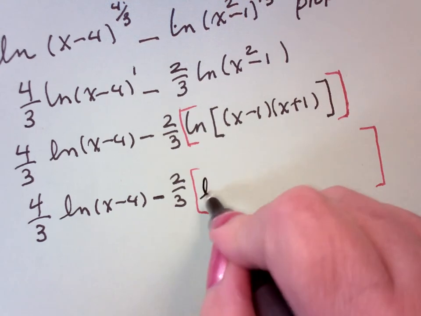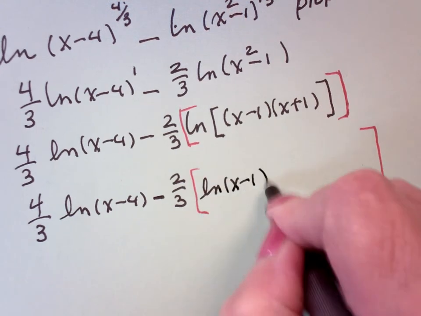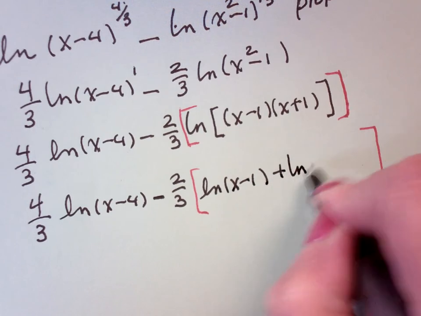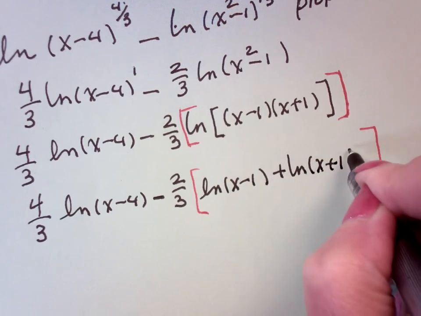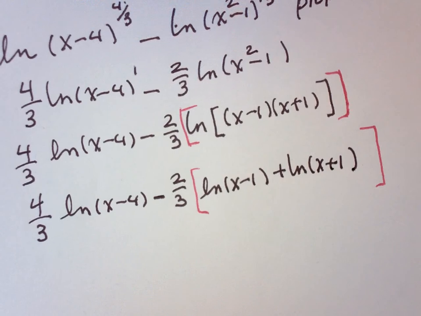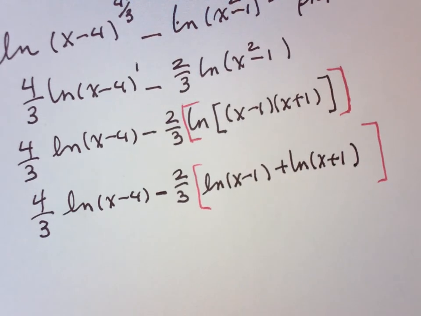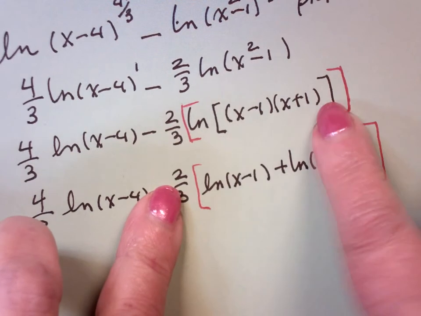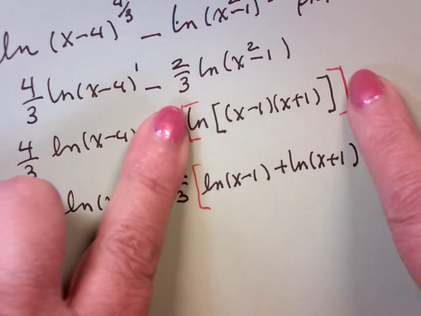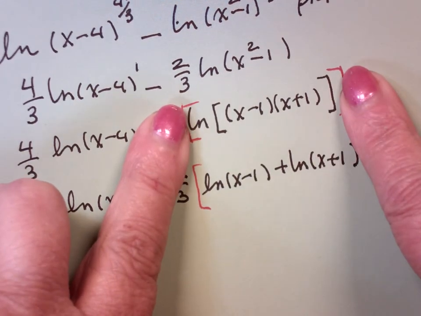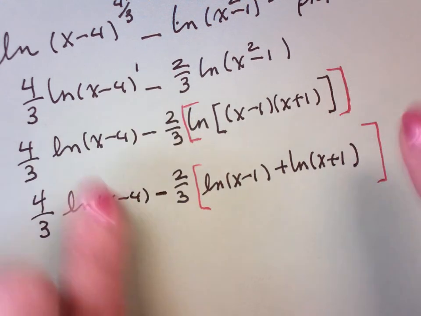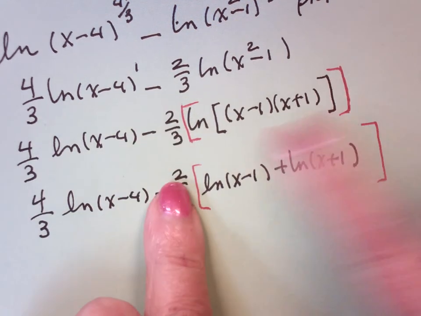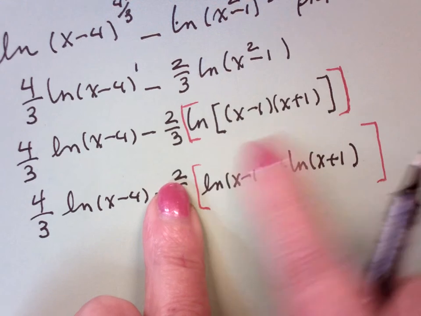The natural log of x minus 1 plus the natural log of x plus 1. This is 2/3 times this entity, but that entity can break into two terms. So that means it's 2/3 times whatever happens to this guy right here.